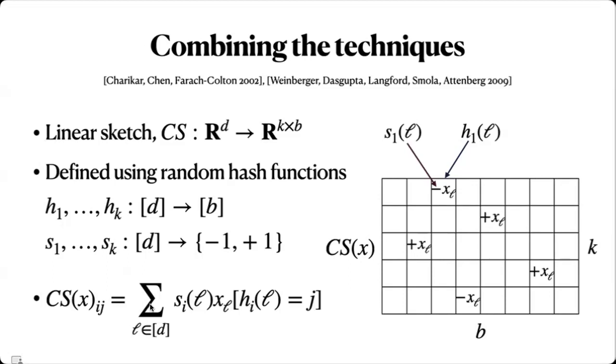So you can see that this is linear. If we have two vectors and add their sketches, we get the sketch of the sum of the vectors. If we multiply a sketch by a scalar, we get a sketch of the scaled vector.